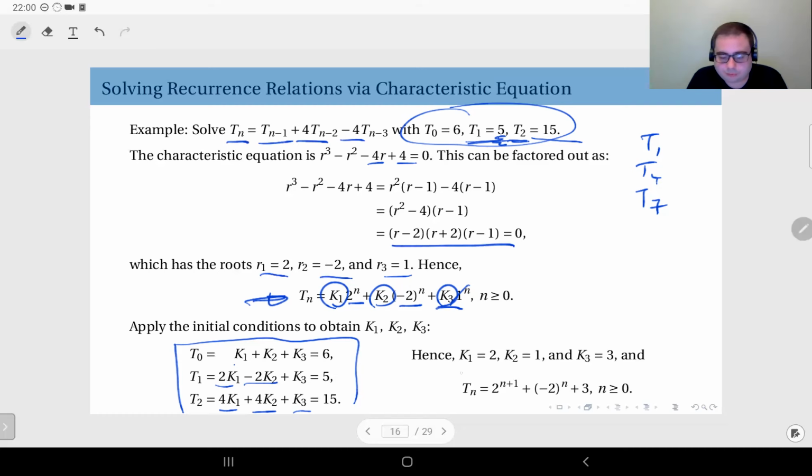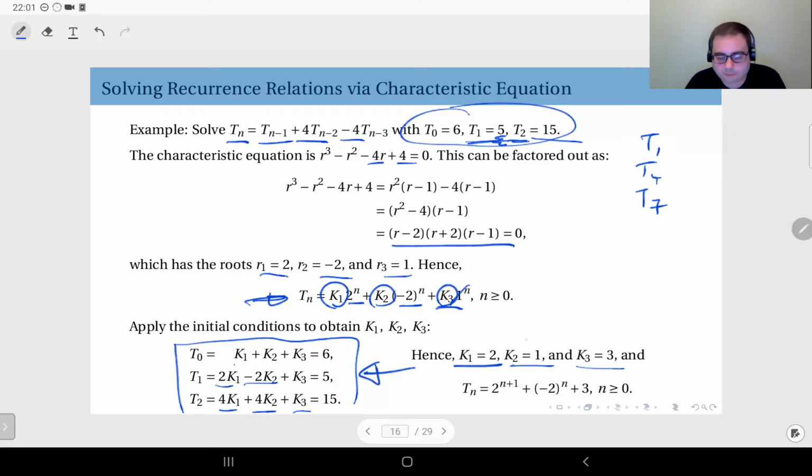In this case, it turns out that k1 equals 2, k2 equals 1, k3 equals 3. Now, when you obtain the solution, I recommend, unless you use the computing tool, since it's likely that you might make a mistake, plug the values into these equations and see that they actually satisfy the set of equations, which I'm not going to do here, but you should be aware of what you have found.